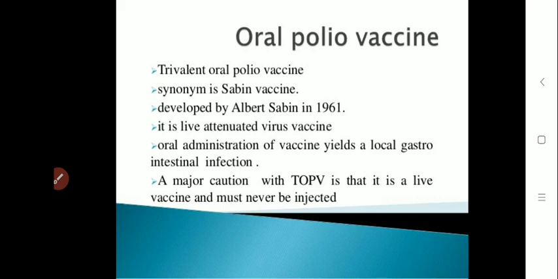So the major caution should be taken with trivalent oral polio vaccine, because it contains live attenuated viruses.